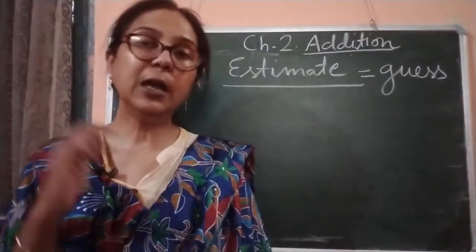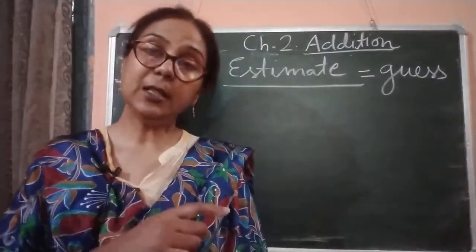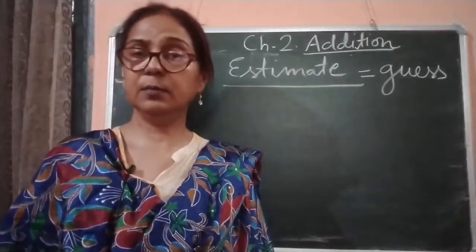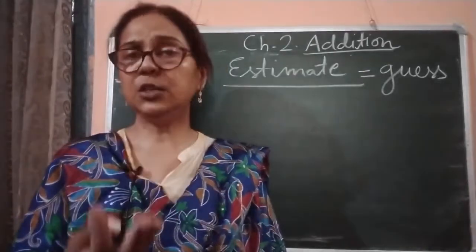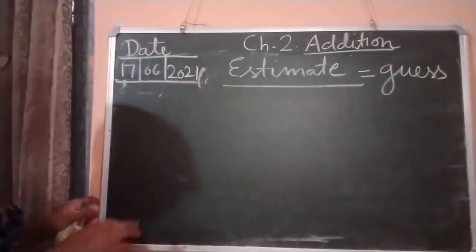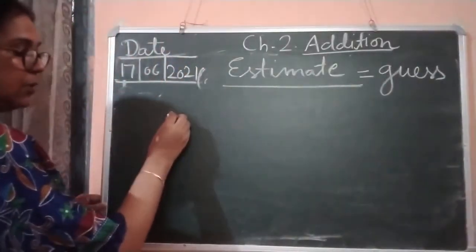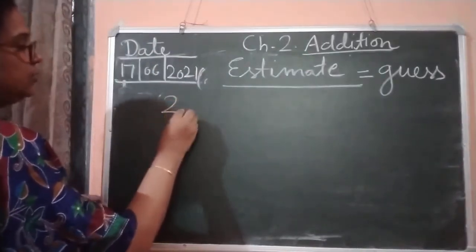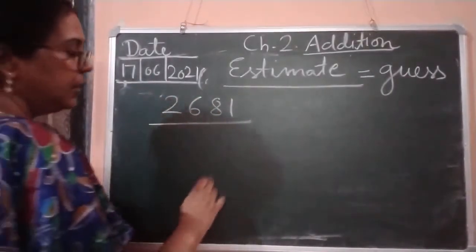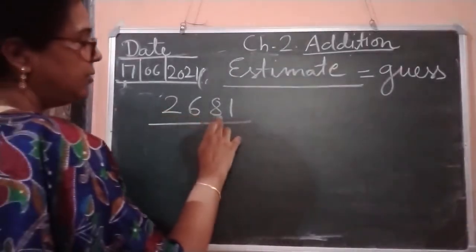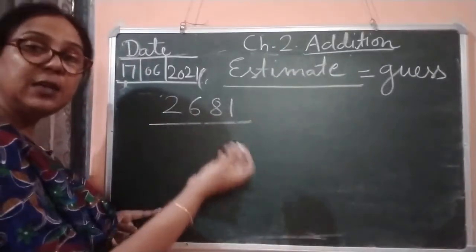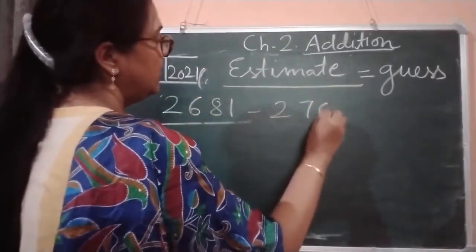But before understanding the concept of estimating, we should understand rounding. Rounding, as I told you, if the number is 2681, how can we tell it in round figure? I am going to give you one example. If the number is 2681, here you can see it is near 2700.